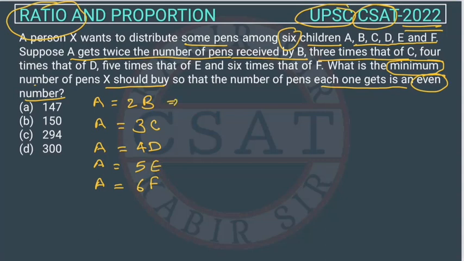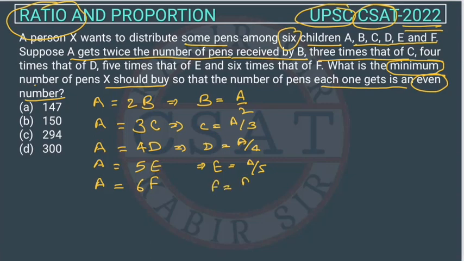So from here B will be equal to A by 2. From this C will be A by 3, and from this equation D will be A by 4. Similarly here E will be equal to A by 5 and F will be equal to A by 6.